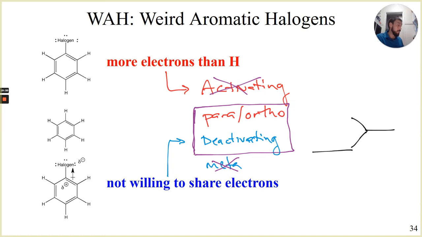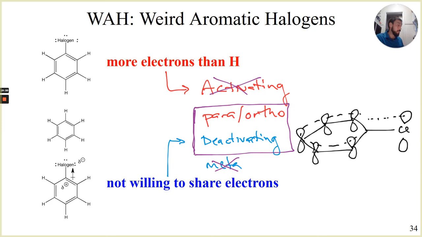If we were to draw a Haworth, which is everybody's favorite, I know, we have the p orbitals of our benzene ring, and we've got our chlorine out here with its lone pairs. Those lone pairs are in sp3 atoms, but they are darn close to aligning with the pi system. Okay?